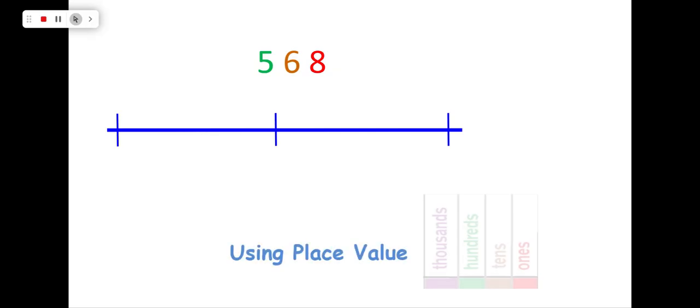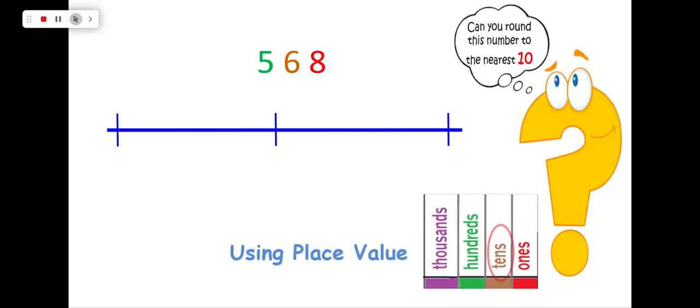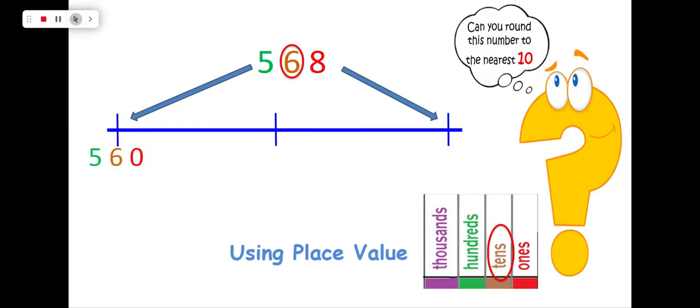Let's say we wanted to round 568 to the nearest 10. We would know 568 is between 560 and 570. And right in the middle of 560 and 570 is 565. 568 is closer to 570, so we would round to 570.